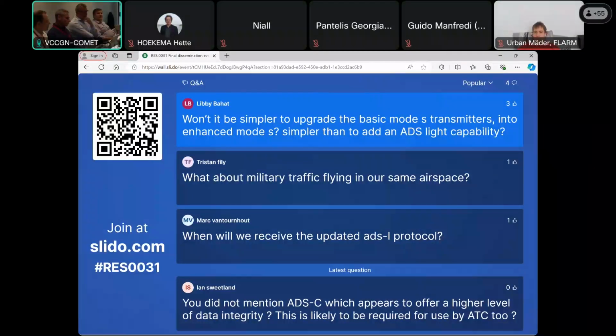Yeah, and just complementing what Helder is saying, it depends on the perspective of the question. If you are asking from the perspective of an owner of a Mode S transponder, the research showed that 77% of those owners can update very easily for ADS-B, the simplest ADS-B Out that is allowed in U-space.